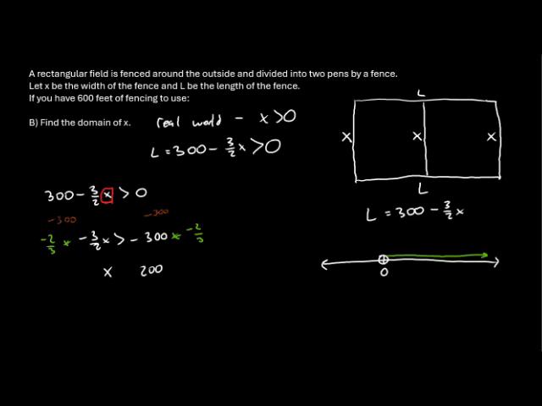Since we multiplied by a negative, we must flip the inequality sign, and so x must be less than 200. So we'll put an open circle on 200, and then to show that we are less, we draw a green arrow to the left of that. The solution set will be anything between 0 and 200. So our domain will be (0, 200) with parentheses.